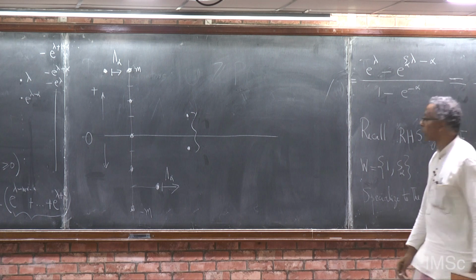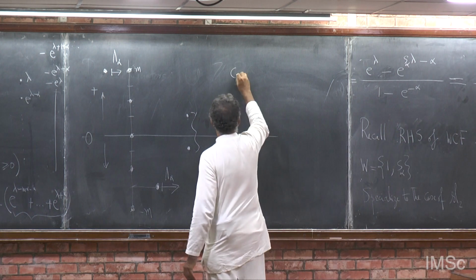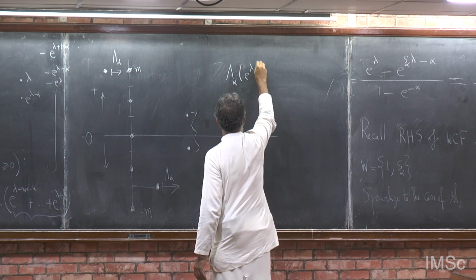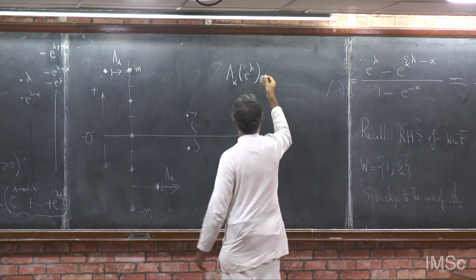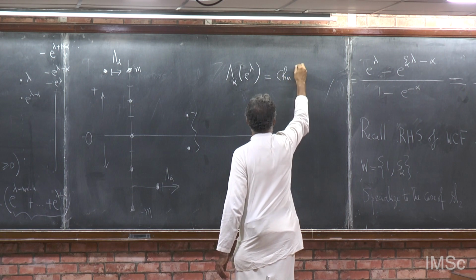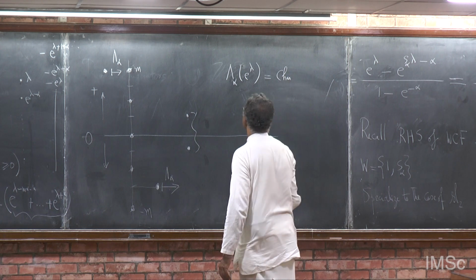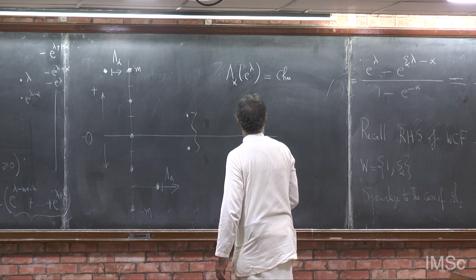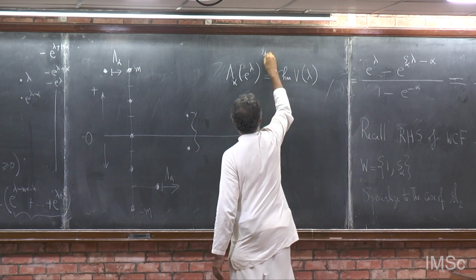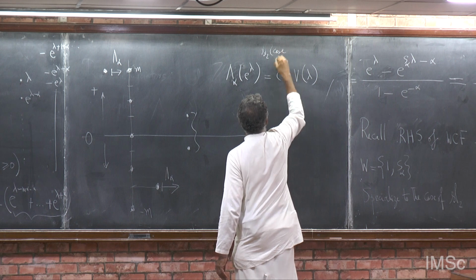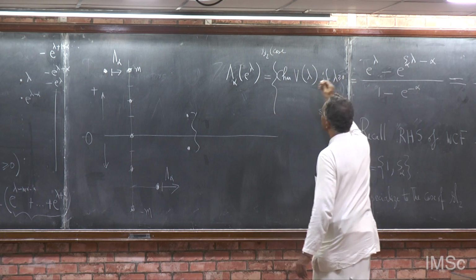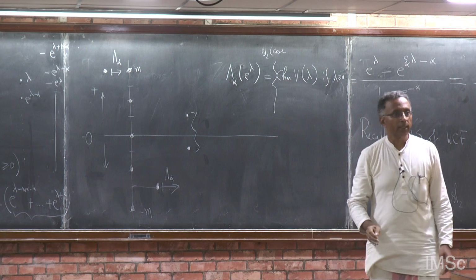So the upshot is, in the SL2 case, the character of the Verma module with highest weight lambda is equal to the character of V lambda if lambda is bigger than or equal to 0, sorry for my sloppiness.